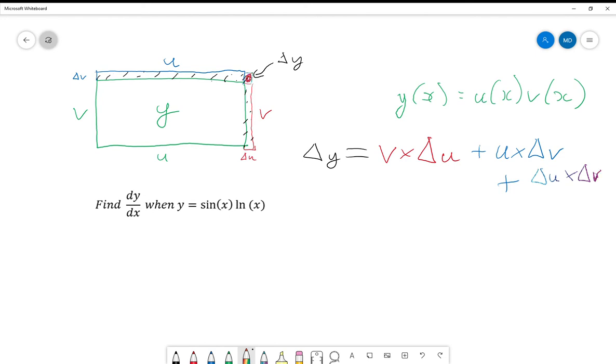So our change in y is equal to v times delta u plus u times delta v plus delta u times delta v.